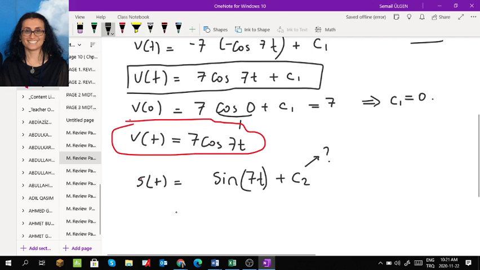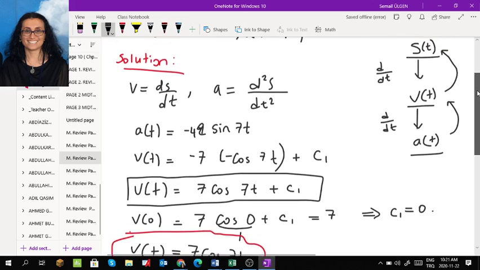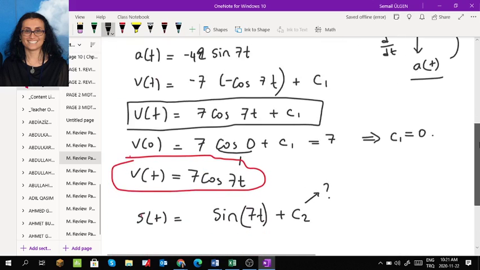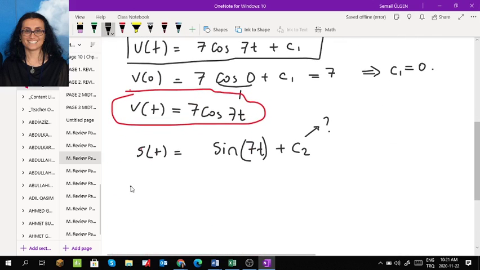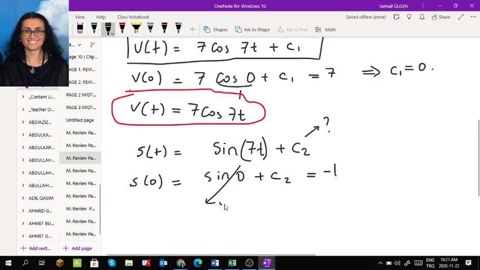We go back to s0. s0 is negative 1. So s0 is sine 0 plus c2, which is equal to negative 1, but sine 0 is 0, so this tells us that c2 is negative 1.